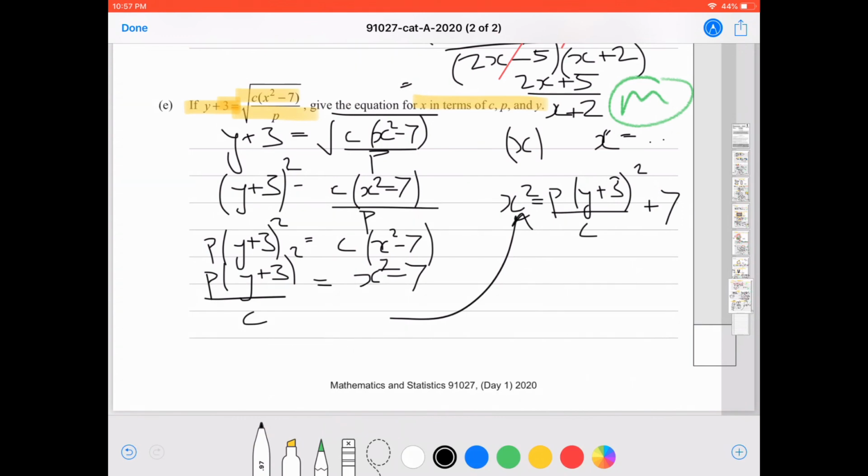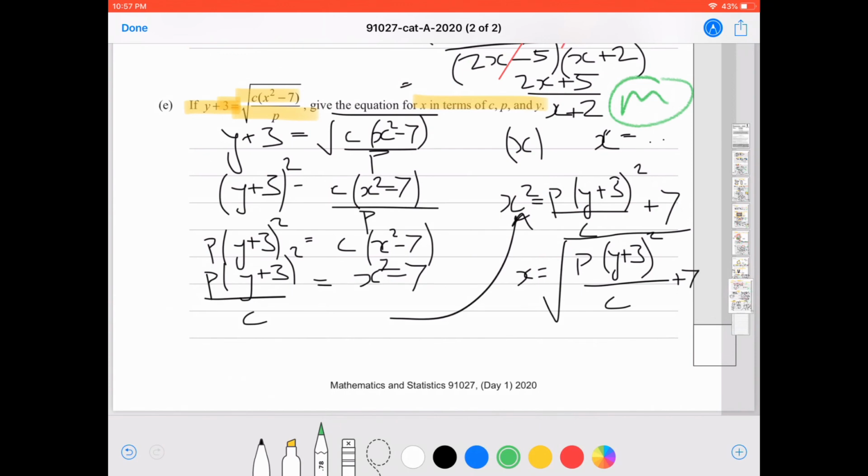The opposite of squaring is square rooting, so our final answer is x equals the root of p times y plus 3 all squared over c plus 7. Okay, and we got there in the end.